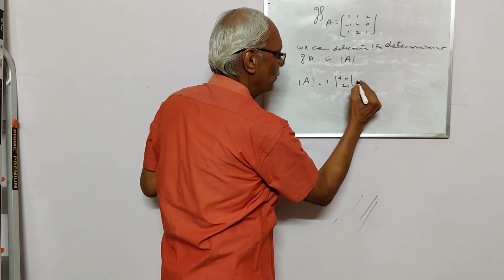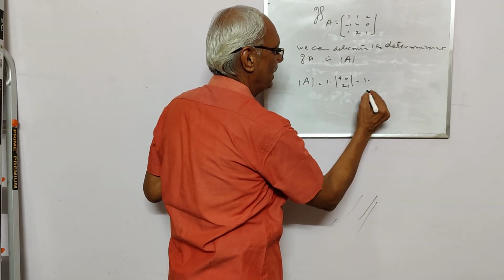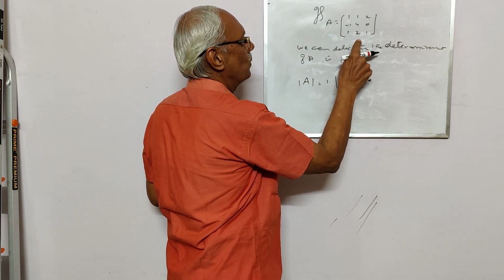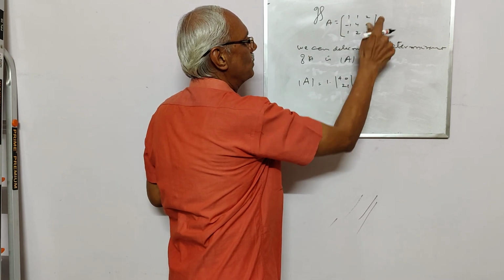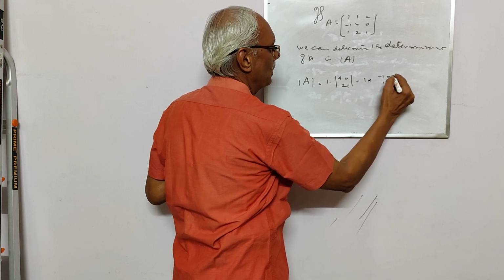So then you write minus 1 multiplied by, suppress this column, suppress this row, so you'll get minus 1 0 1 1.